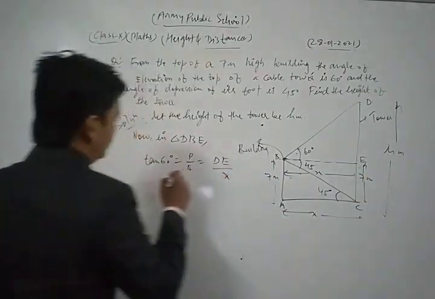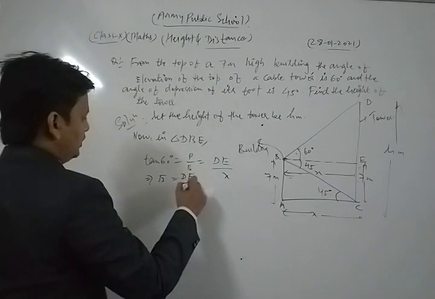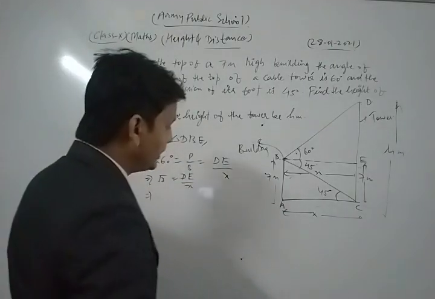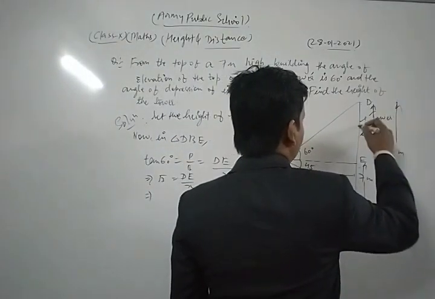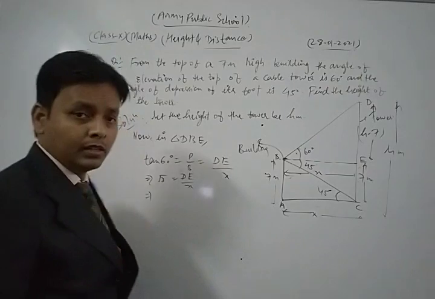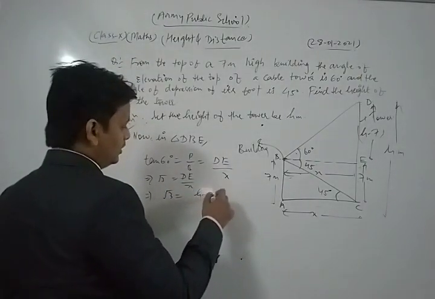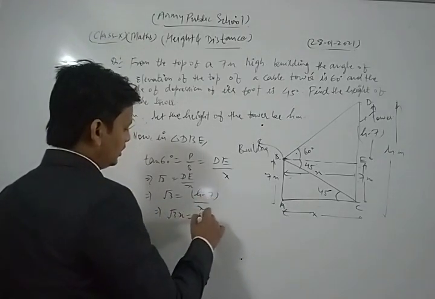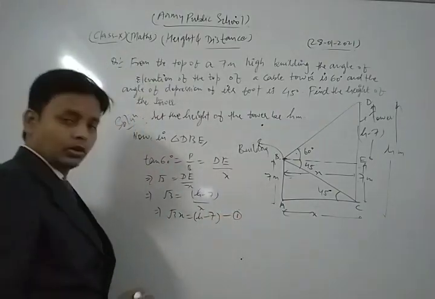So tan 60, which is root 3, is equal to DE upon x. The value of DE is h minus 7 from the figure. Now we put root 3 equal to h minus 7 upon x. So root 3 x is equal to h minus 7. Take this as equation number 1.